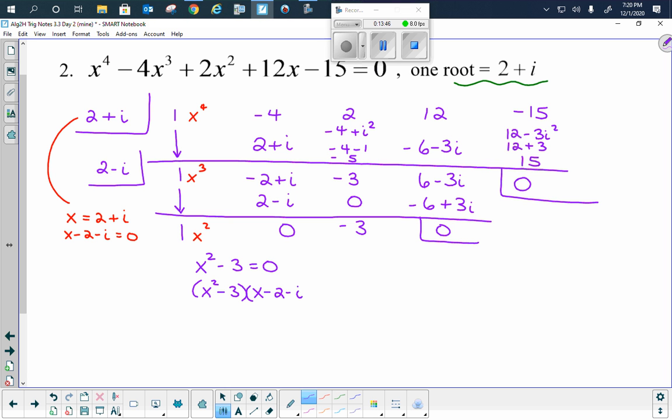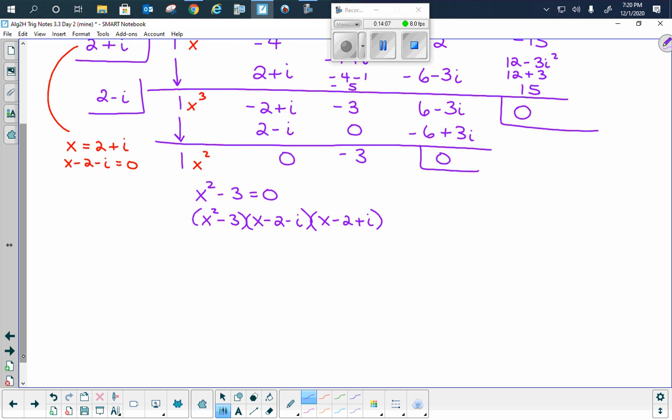Again, this is just us thinking about it because we wouldn't have i's. And the other one is 2 minus i. So if you move those both to the same side, you'd have x minus 2 plus i. Okay. I can make x squared minus 3. I can force anything to be difference of perfect squares.